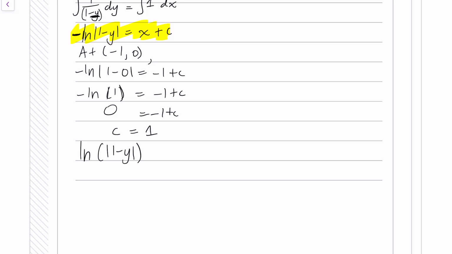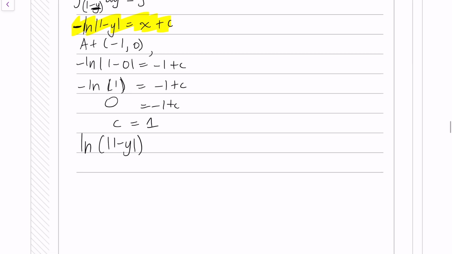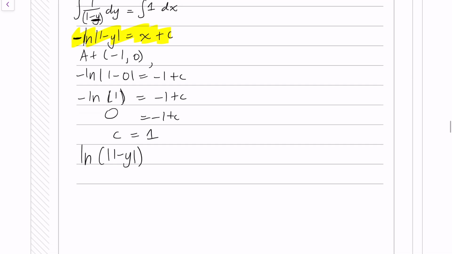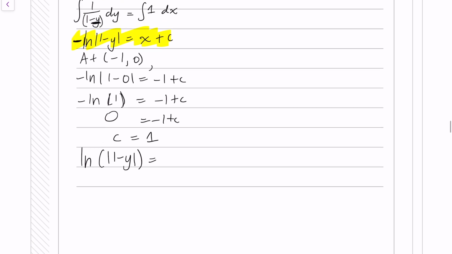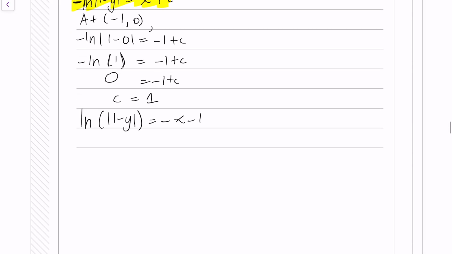However, I'm going to remove that negative part in front of the ln just so I can have a nice, neat conversion to exponential form where I just have y on one side of the equation. So I would make sure I have negative x and then -1. So I'm negating both sides. I need to negate every term.